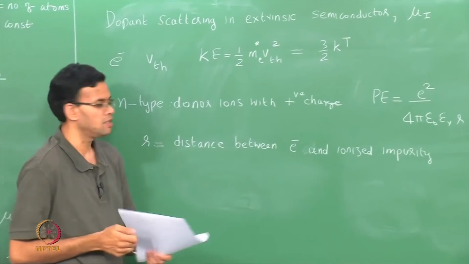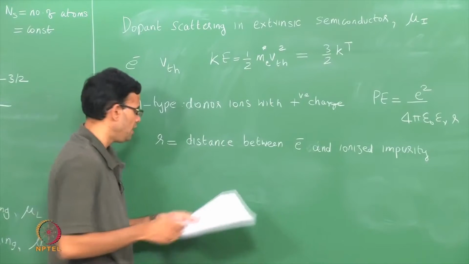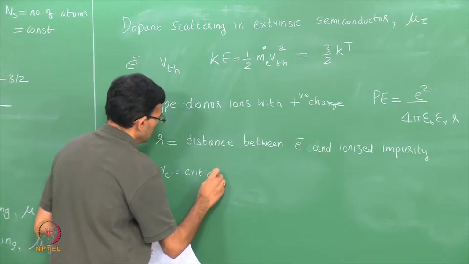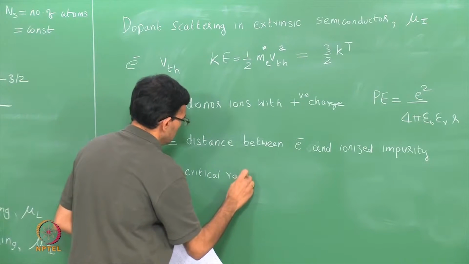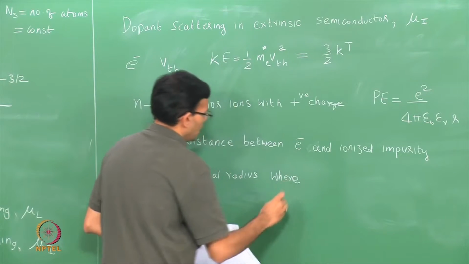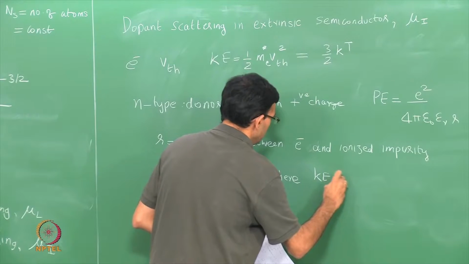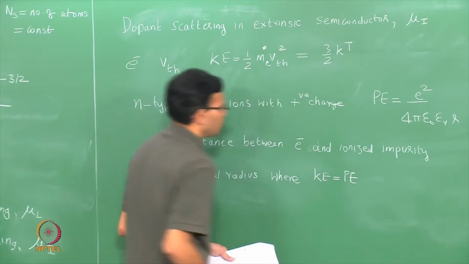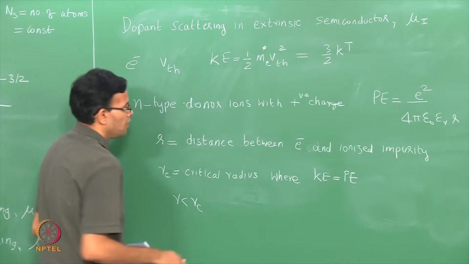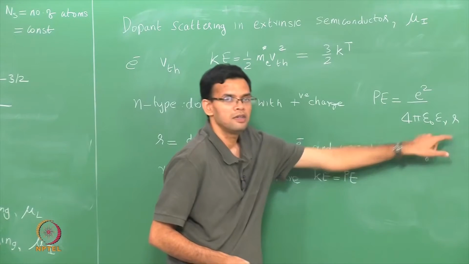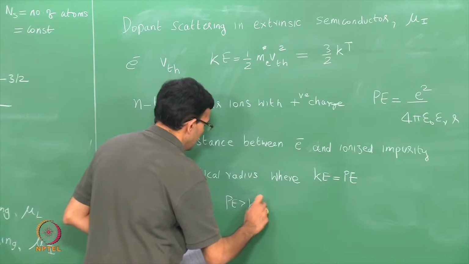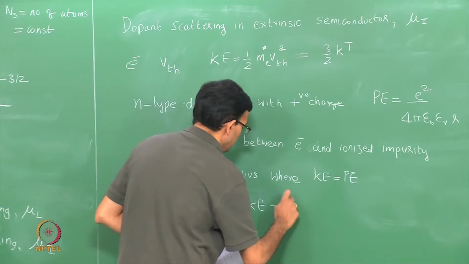Usually in the case of extrinsic semiconductors, we define a critical radius RC where the kinetic energy and potential energy are equal. If R is less than RC, then the potential energy is greater than the kinetic energy and your electron will scatter.